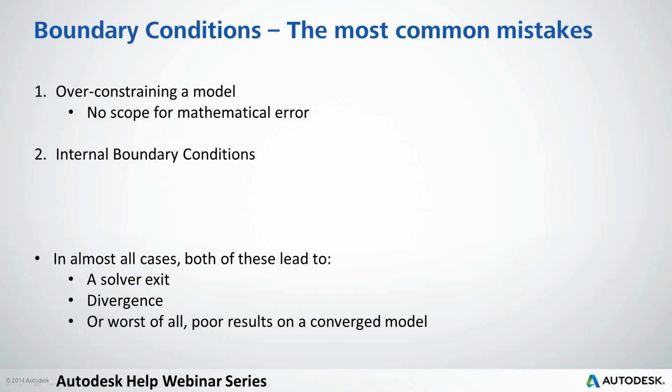One is a solver exit, or one of the messages that Todd showed before, which is okay because we know that something's wrong. One is divergence, which is less okay because it takes longer to find out something is wrong. And the third one, which is sometimes a nightmare, is that you get results, but they're not very good, and you don't necessarily know that you've made a mistake in the setup. So you do have to be a little bit mindful of the approach that you've taken.